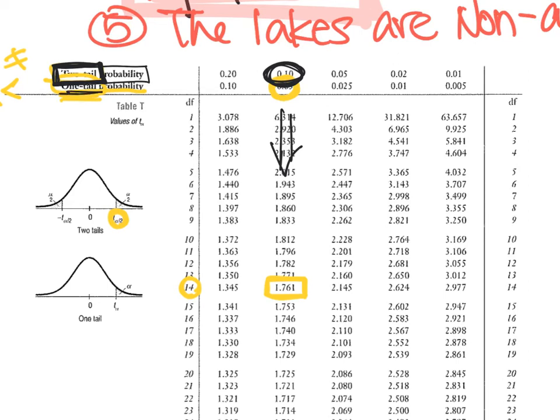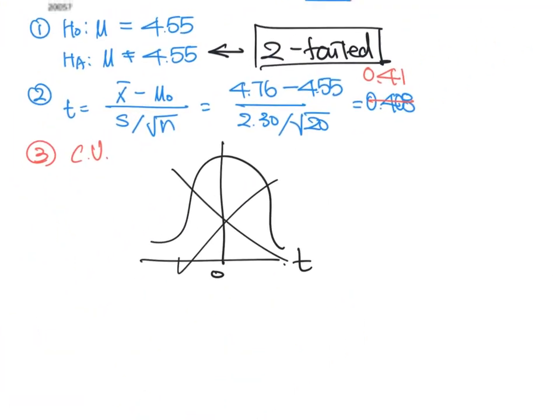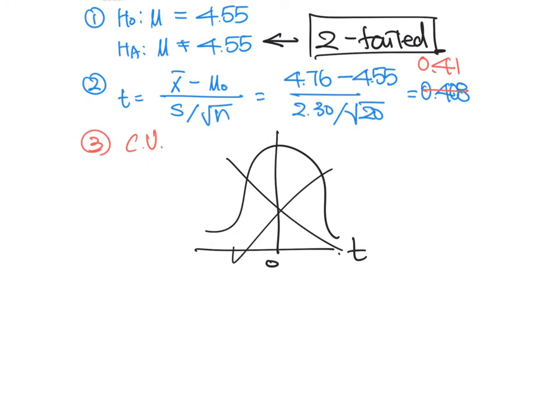Before, we had the right tail, one tail at 5%, but now it is a two-tail 10% in the same column, and the degrees of freedom was 19 from 20 minus 1. So the critical value is 1.729.